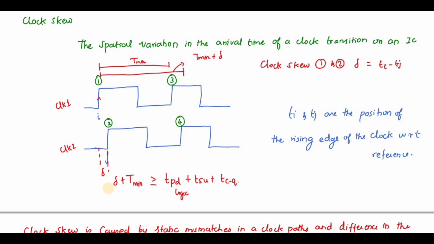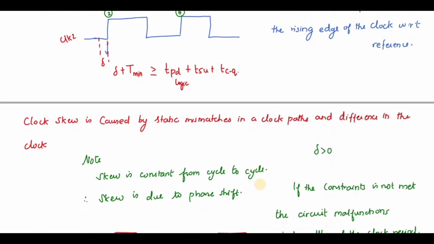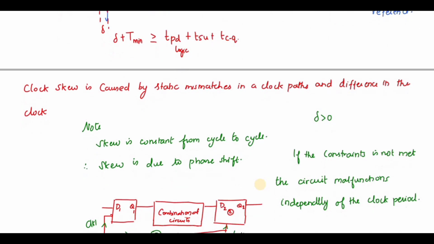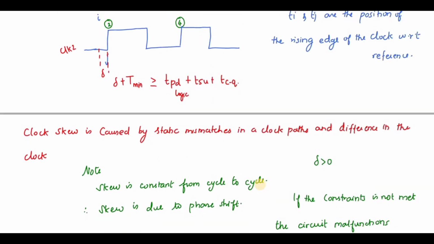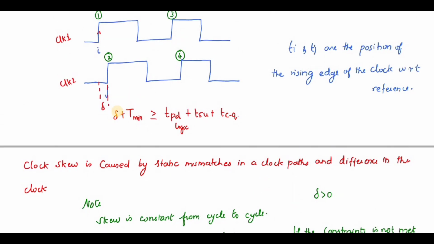Okay, or it can be written as, if this is coming to this side, it means minus del you will get. So del greater than or equal to 0 represents positive clock skew. You can see that the skew is constant from cycle to cycle, right? Because the del value is the same.